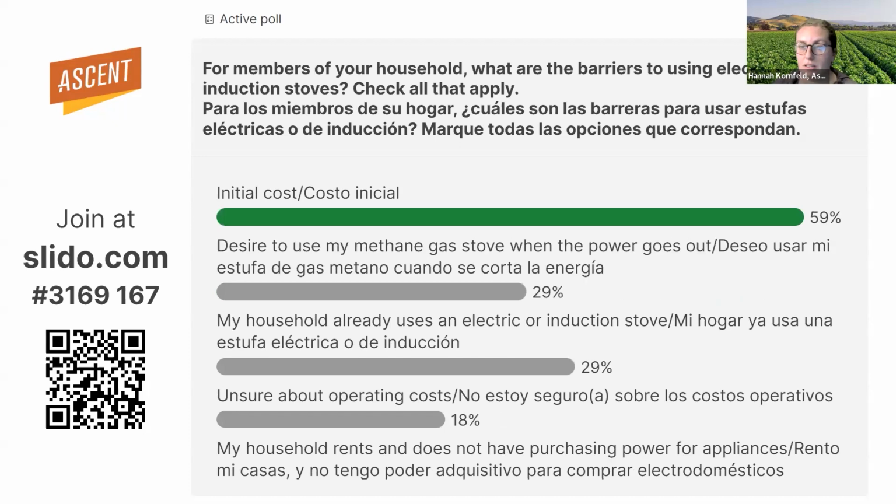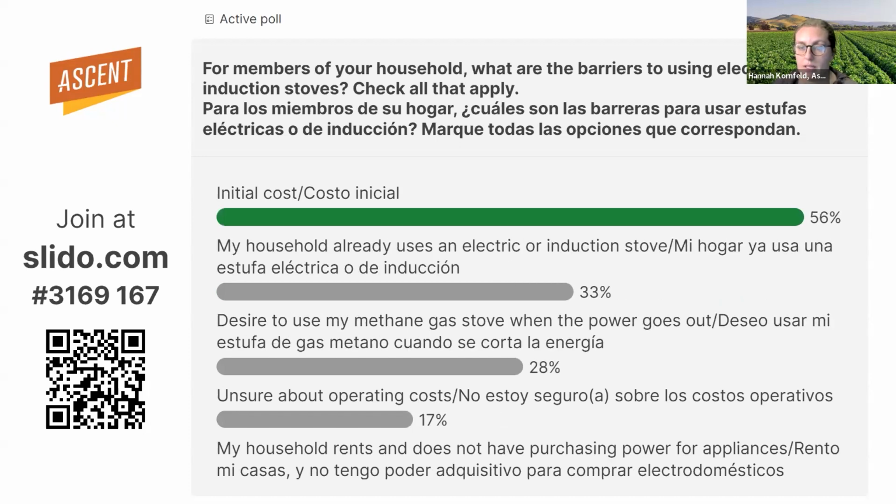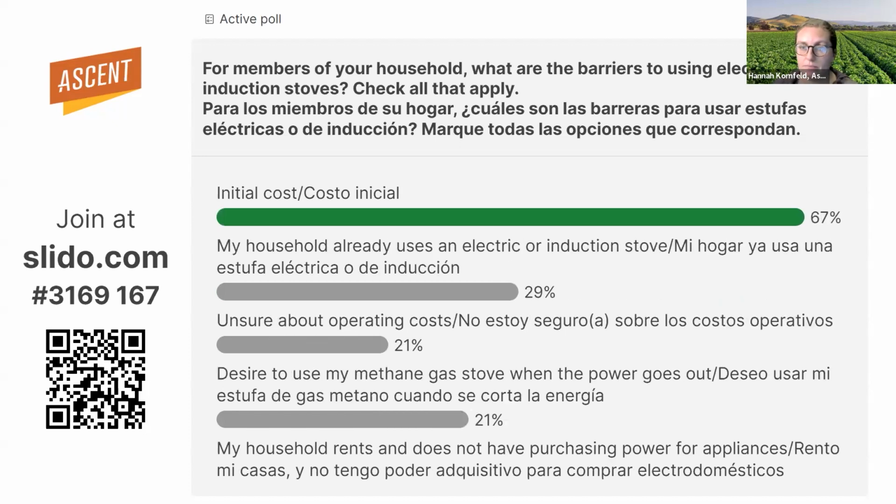Right. Looks like initial cost is the biggest barrier so far. And a good portion of you already have an electric or an induction stove.